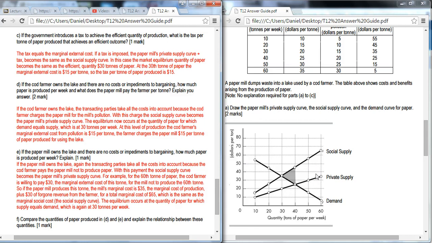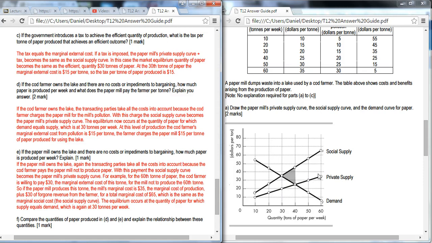So we need the private supply curve to intersect the demand curve at 30 tons a week in order to get that efficient quantity. So what do we need to do? We need to look at the difference between those two points at the efficient quantity, and the difference looks like it's 15, and put a tax that is equal to the difference.